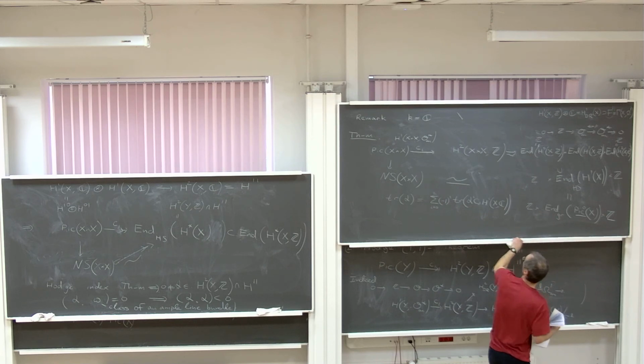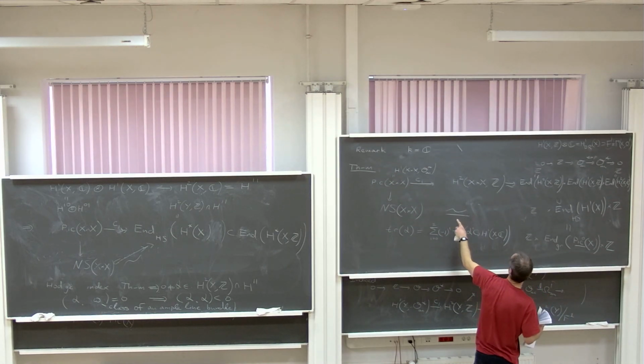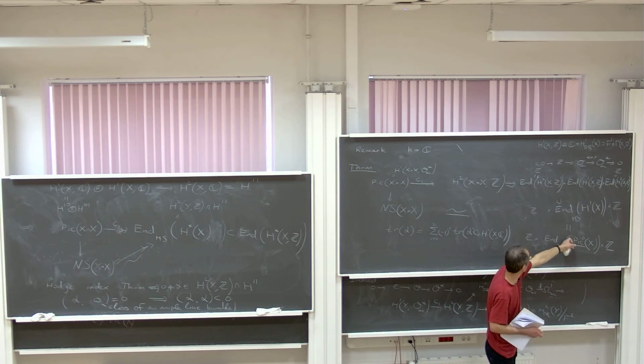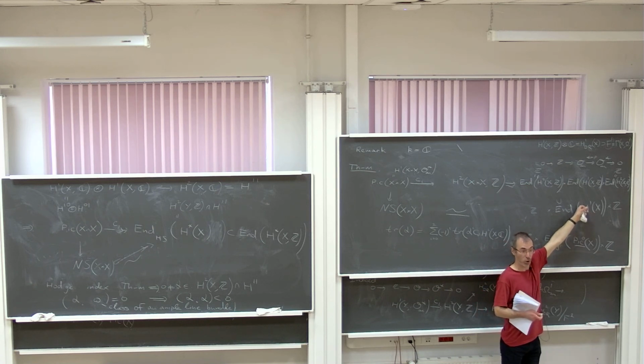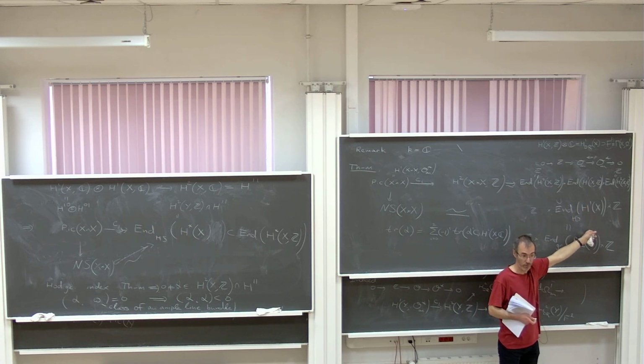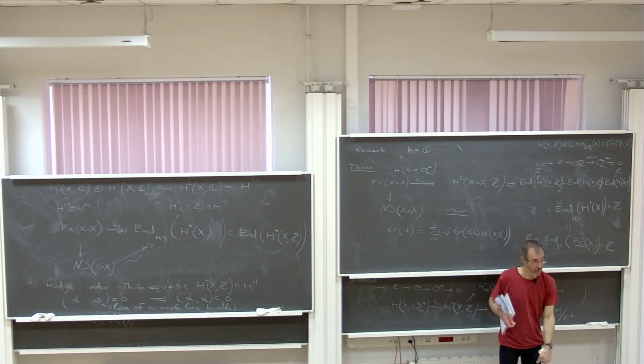So what have we already proved? We proved everything except for this isomorphism here. So I want to identify endomorphisms of this Hodge structure with endomorphisms of the Pic⁰. And this is easy.